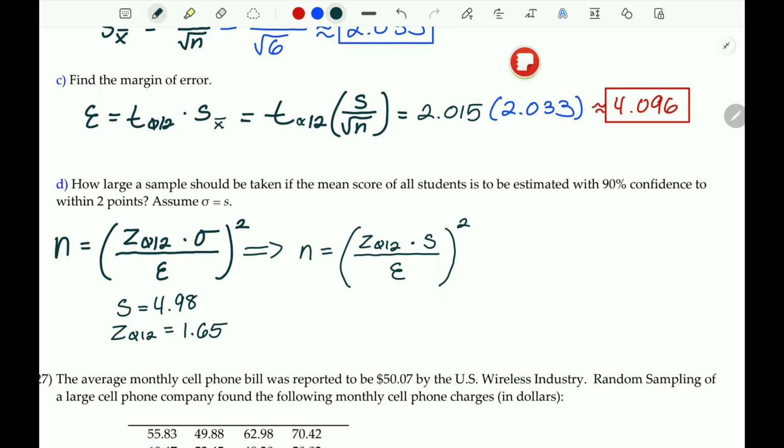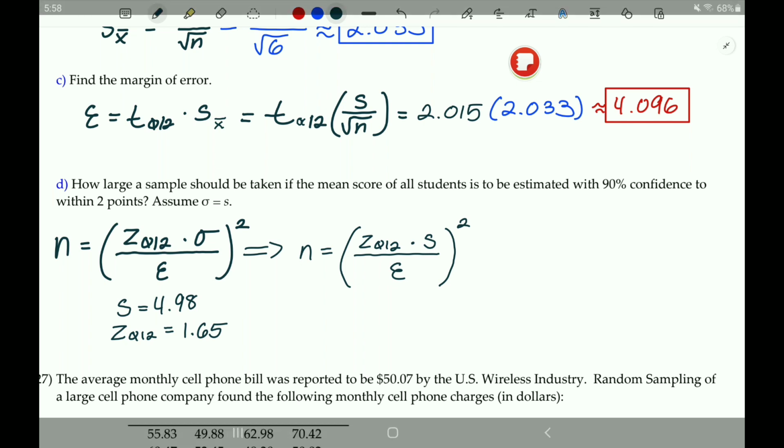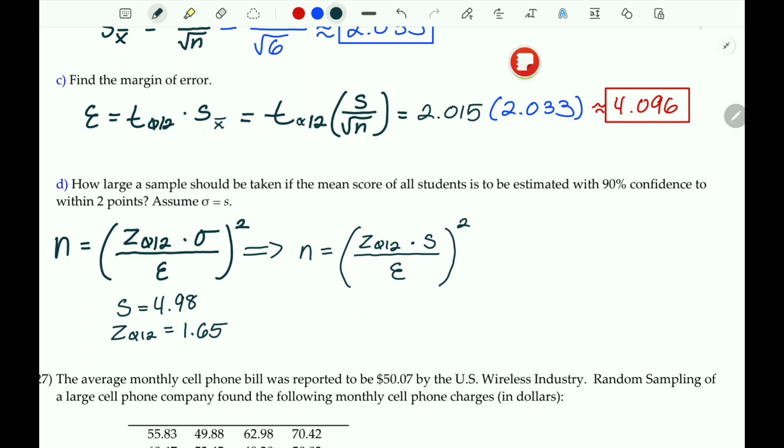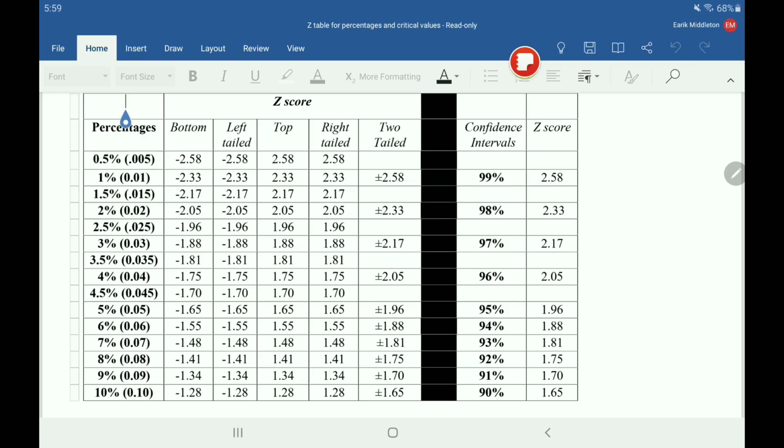Now, if you're in my class, and if I choose to allow you to use this document on your exam, you can access what is called the z table. We need to find the z critical value for 90% confidence. Confidence interval is here, 90%. That z critical value is 1.65.